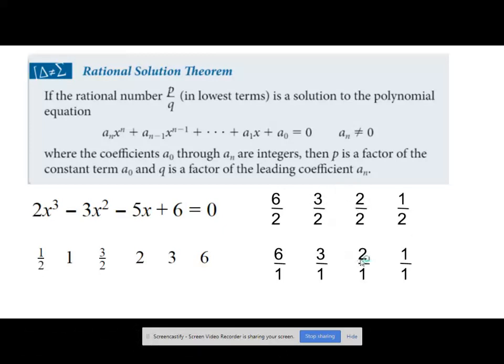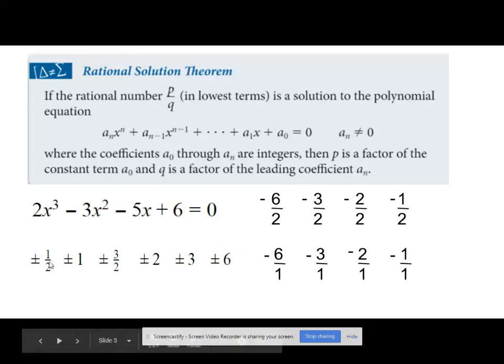So all of these have to be considered, that the negative is also a possibility. -6 times -1 is also another set of factors for this. So really, we have 12 possible solutions. We have plus or minus a half, plus or minus 1, plus or minus 3, plus or minus 2, and so on. That's a lot of potential answers. Luckily, there is one thing we can do to speed up the process.